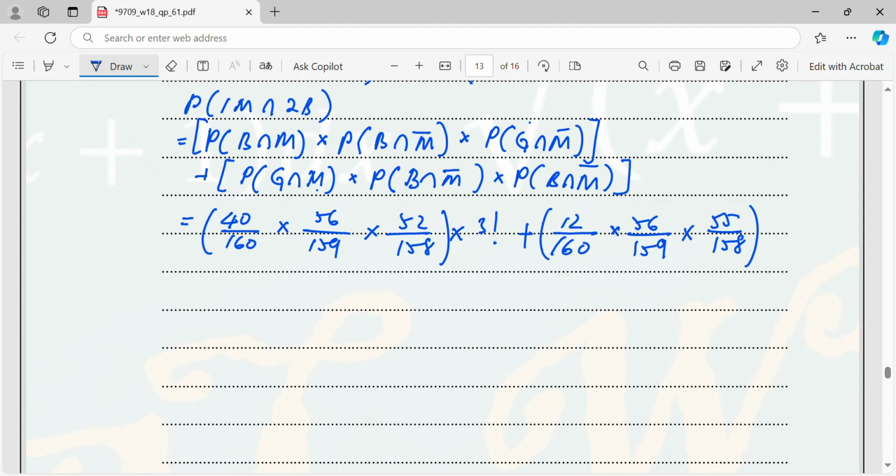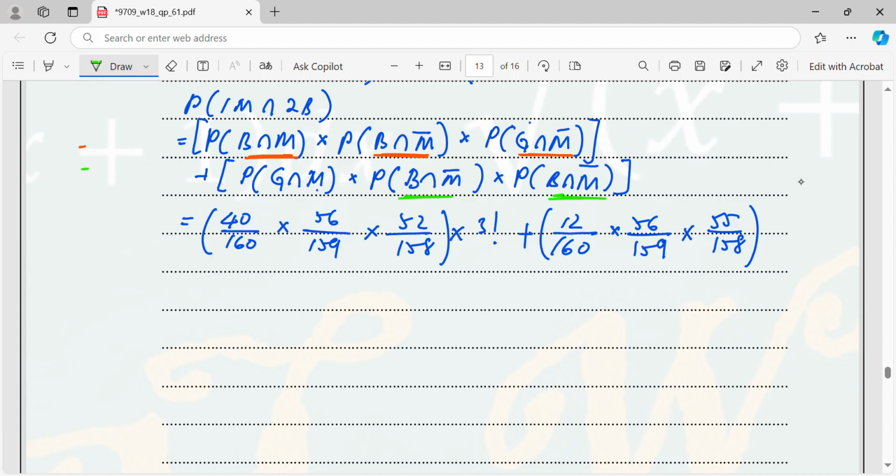And now here, just now we times 3 factorial, you look at here, because these 3 are totally different: B and M, B and not M, G and not M. That's why 3 different of them. But then when you refer to the next case, these 2 are same.